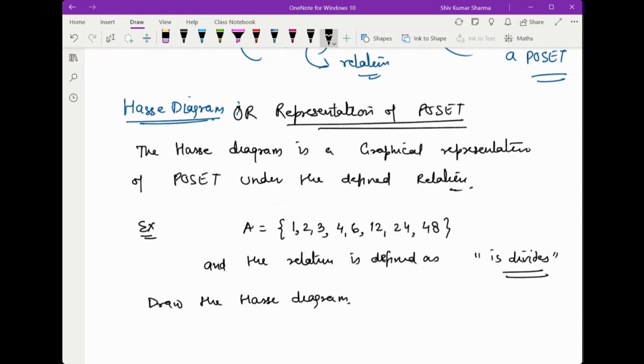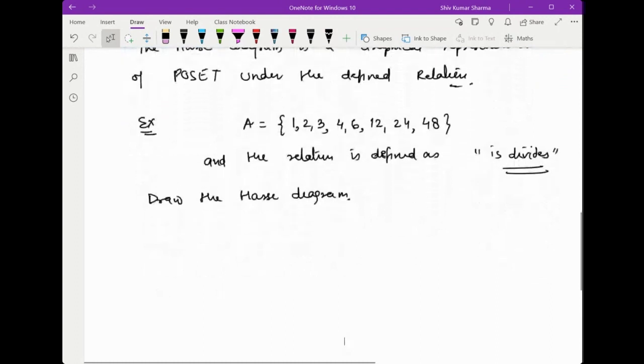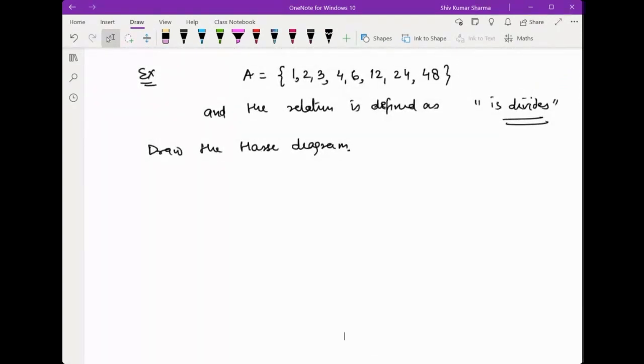Set A is given in this form and the relation is defined as divides. That means 1 divides 2, 1 divides 3. In this form we make a Hasse diagram. How do we make the Hasse diagram using these elements? Initially we start with the element 1, from the lower side.